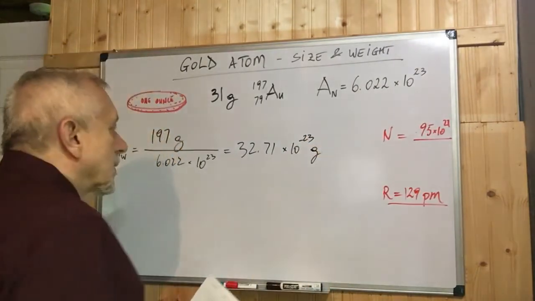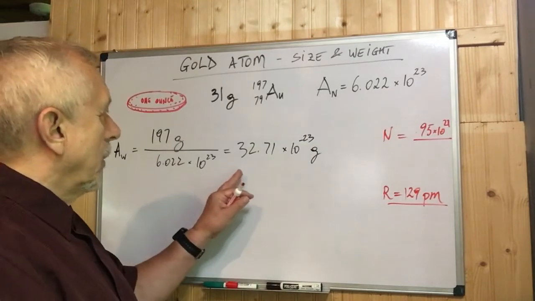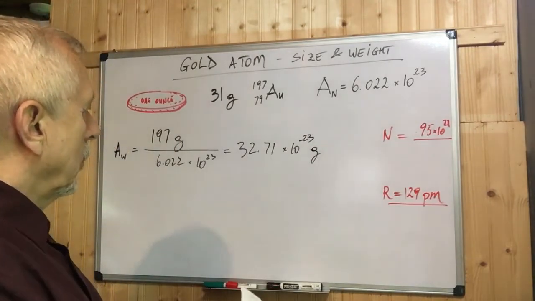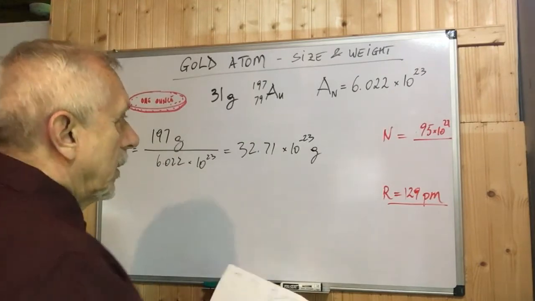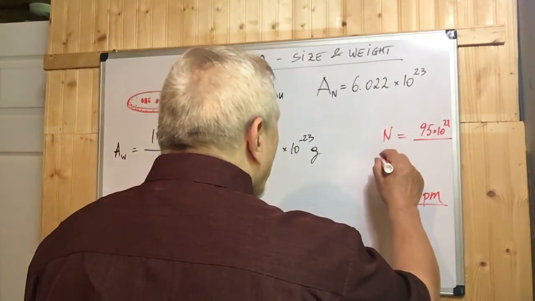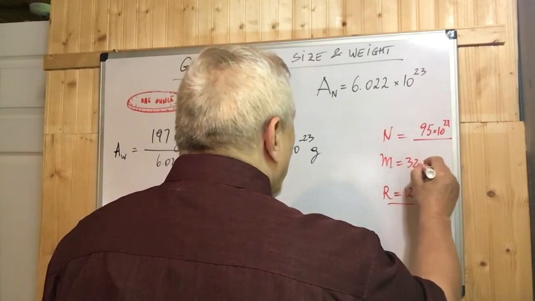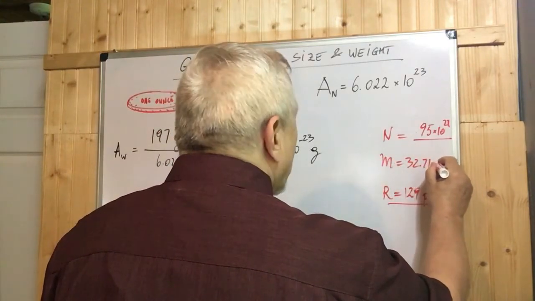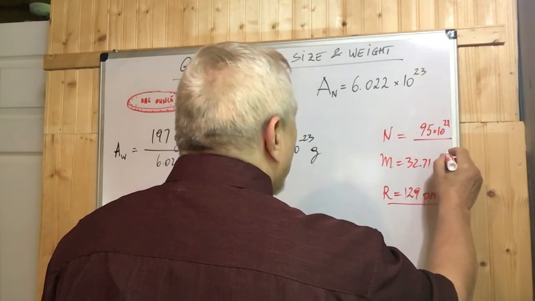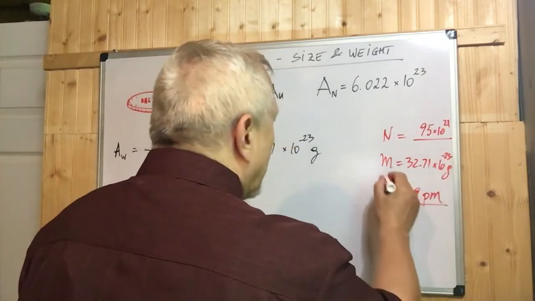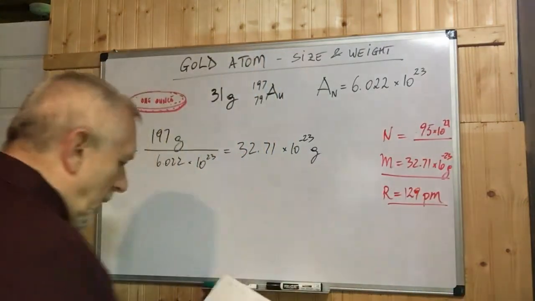Okay, so this is the weight of the atom. I can write it here, the mass is 32.71 times 10 to the power of minus 23 grams. Okay, so we got these values so far.